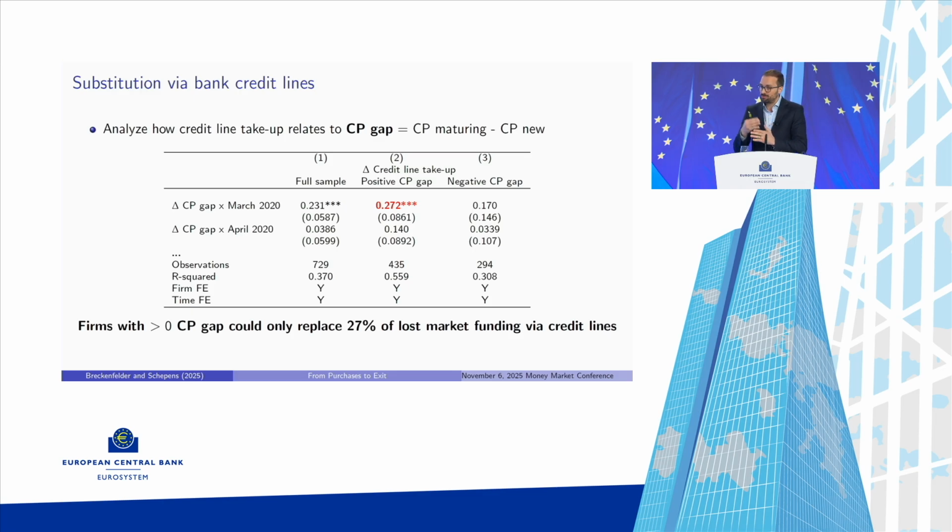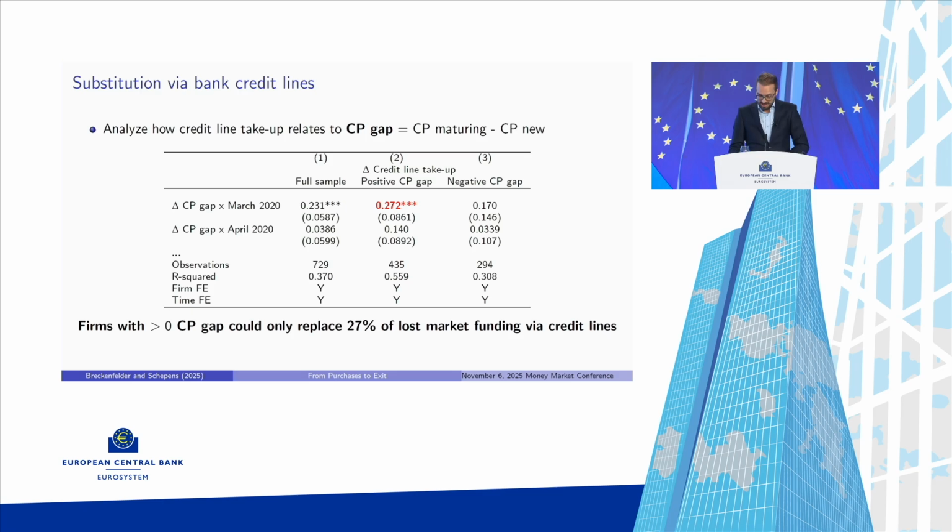It's the commercial paper maturing minus new commercial paper issuances. So if there is less issuance than maturing, it's a positive gap. A positive correlation will mean that there is a substitution between the bank credit lines and this commercial paper gap.